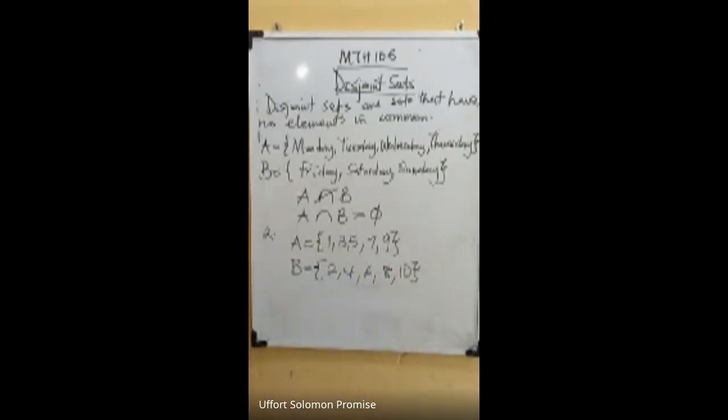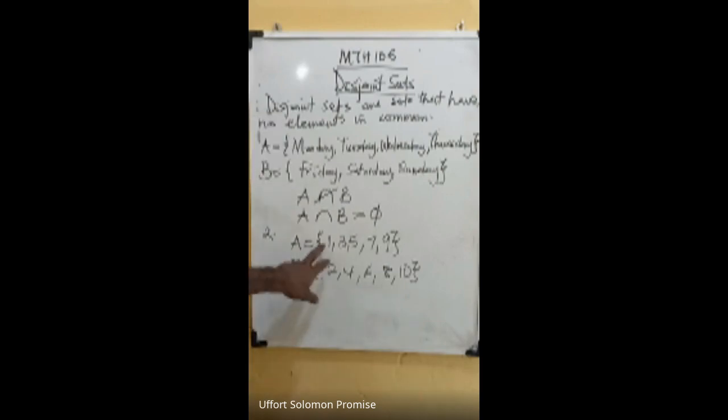These are the elements in set A and set B. We can also go ahead to say the same thing, that A is disjoint from B. They are both disjoint sets because they don't have elements in common.